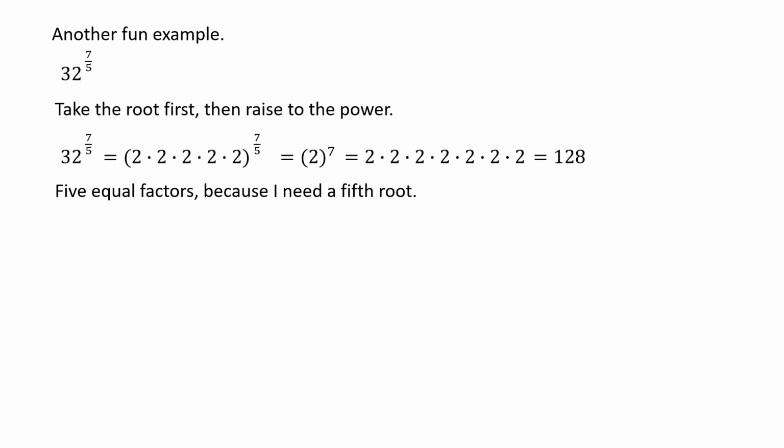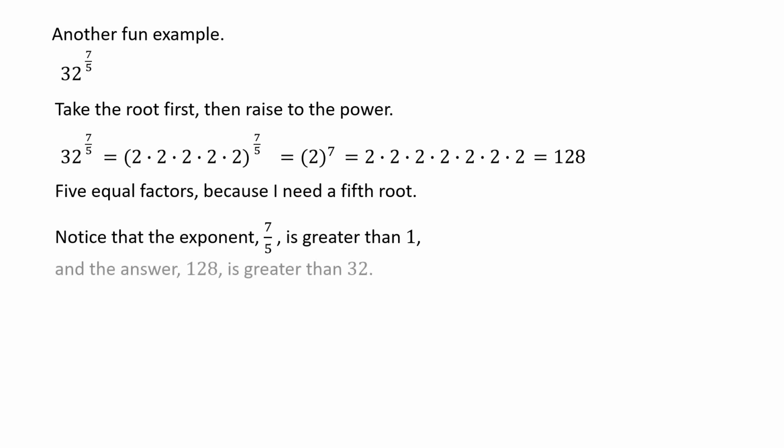Right? If I did the power first, I'd have to do 32 to the 7th power. That would be a very large, cumbersome number to deal with. And then trying to figure out the 5th root of that very large number would be very difficult. Also notice that our answer of 128 is larger than the original base of 32.